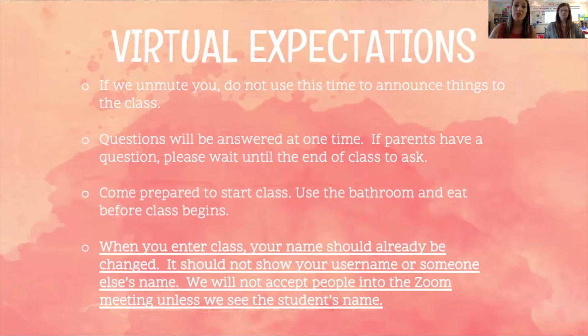So please go to the settings in your Zoom and edit your profile to change it to your student's first and last name. We have to see that, and we are only going to be allowing those students into our Zoom. So if they're not being allowed in and you're wondering why, it could be that we don't see their name when we're admitting students into the Zoom. So please make sure that that is already fixed and changed so that they don't have to do it each time.